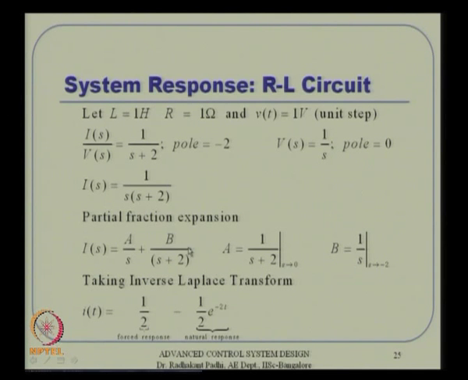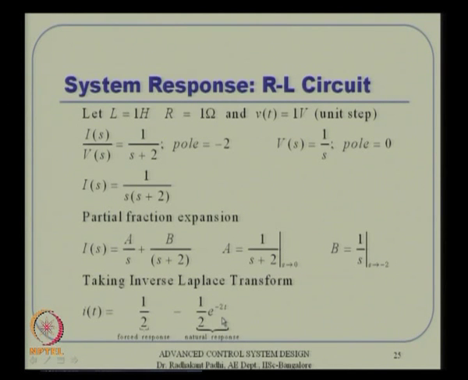Then you plug back here: I of s is 1 by 2 divided by s, minus half divided by s plus 2, and we take the inverse Laplace transform using the results that we already have. This will give us 1 by 2 into 1, and minus 1 by 2 into e to the power minus 2t.